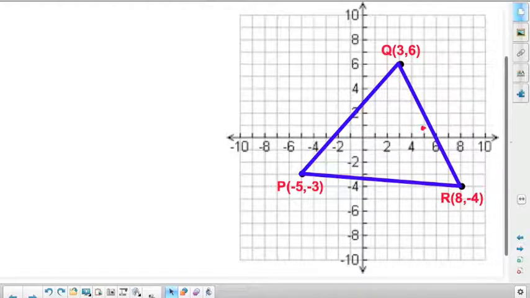Well, what special quality do we have about the altitude? Jake? We need it for the area, right? The area of a triangle is half of base times altitude, or height over 2. But what's that special quality about that line, that altitude or the height? Rob?